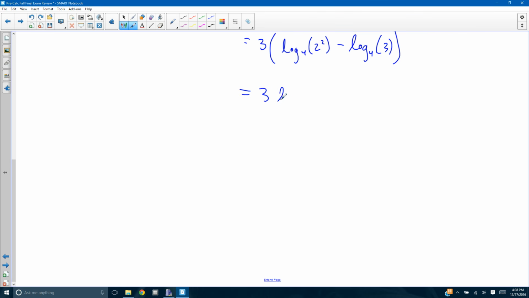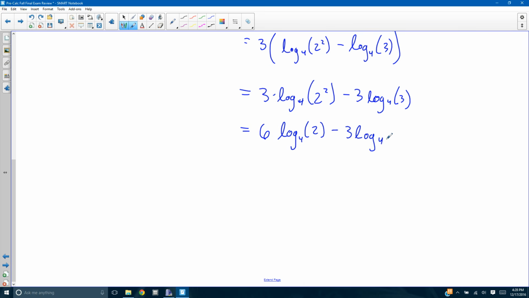How about 3 times log base 4 of 2 squared minus 3 times log base 4 of 3. And finally, this 2 can now come out and multiply with the log, in, of course, with the 3. 2 times 3 is 6, so we'll get 6 times log base 4 of 2 minus 3 times log base 4 of 3.